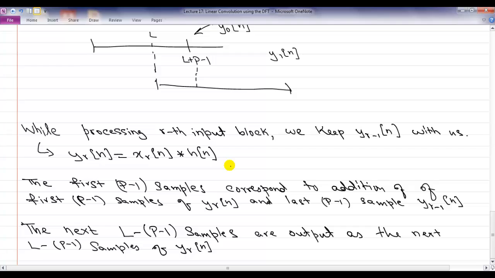So in steady state, you get L input samples, you output L output samples. But how you produce those L output samples is really a function of the previous block and current block. The first P minus 1 samples are given by this overlap and add. The next L minus P minus 1 samples go out as it is.